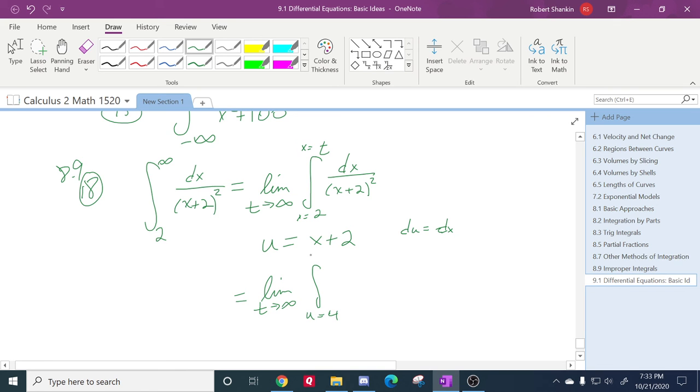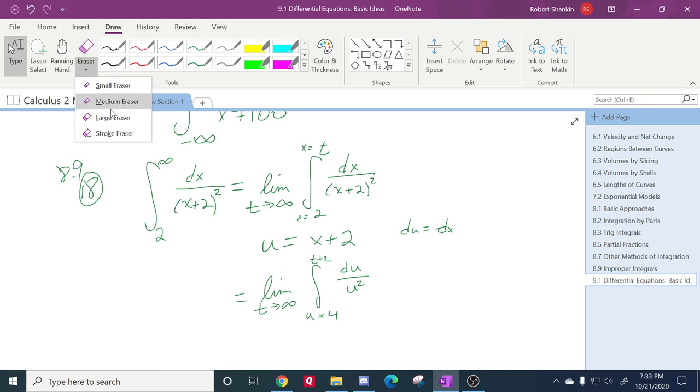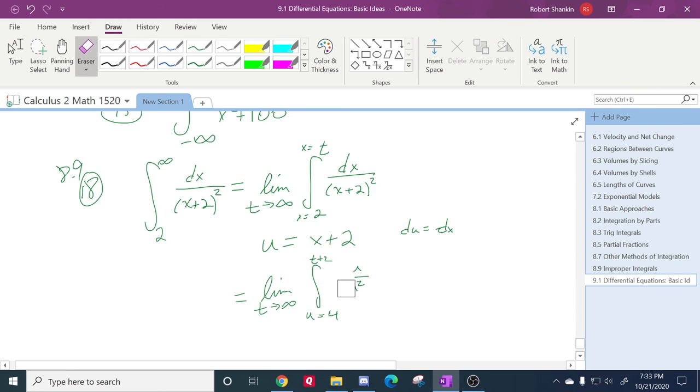When you plug t in, you get t plus 2. And then du over u squared. Now instead of writing it over u squared, let me change it to u to the negative 2.